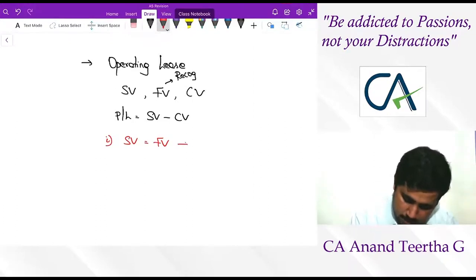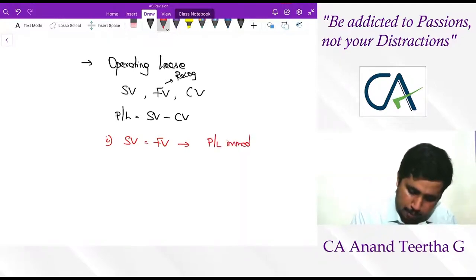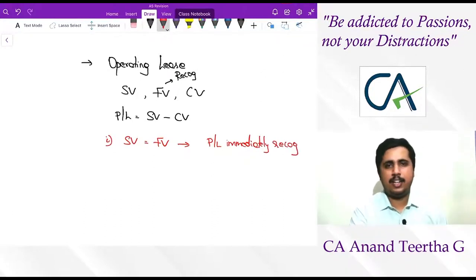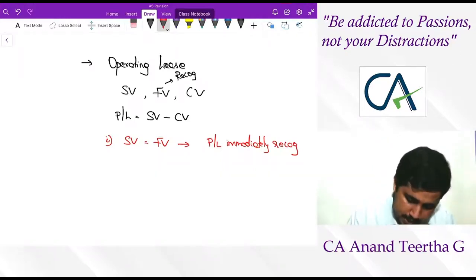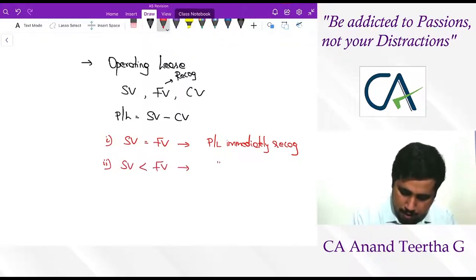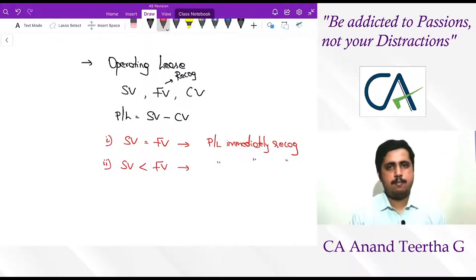At this time, profit or loss is immediately recognized, no problem. You have done it according to fair value, no issues, so immediately recognize it. Even though the asset taken is for operating purposes, it doesn't follow the substantial time. Second, if selling value is less than fair value, again the same principle: profit or loss is immediately recognized.